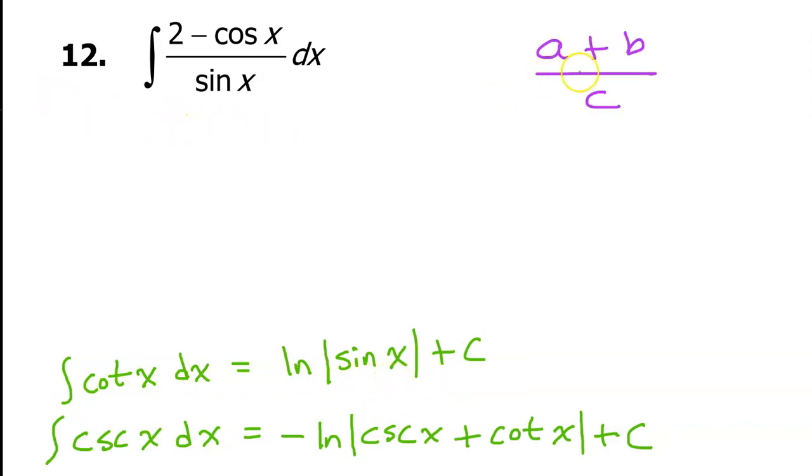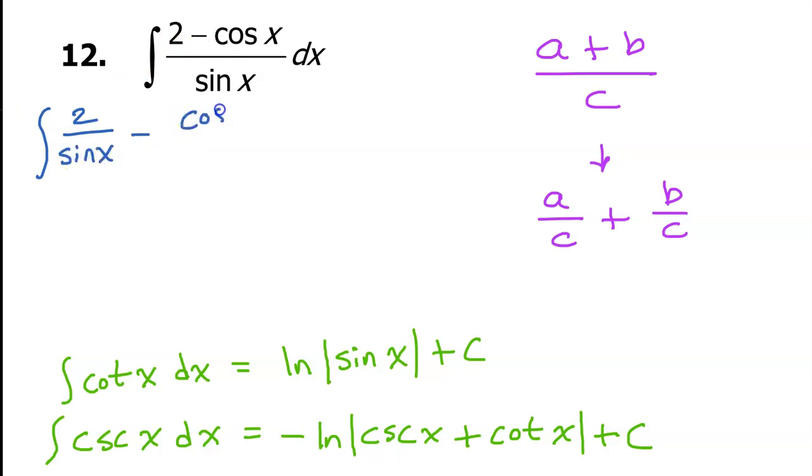For number 12, I will use my a plus b over c rule, which tells me that I can rewrite as a over c plus b over c. So how does that apply to this integral? I can rewrite this as 2 over sine x minus cosine x over sine x.